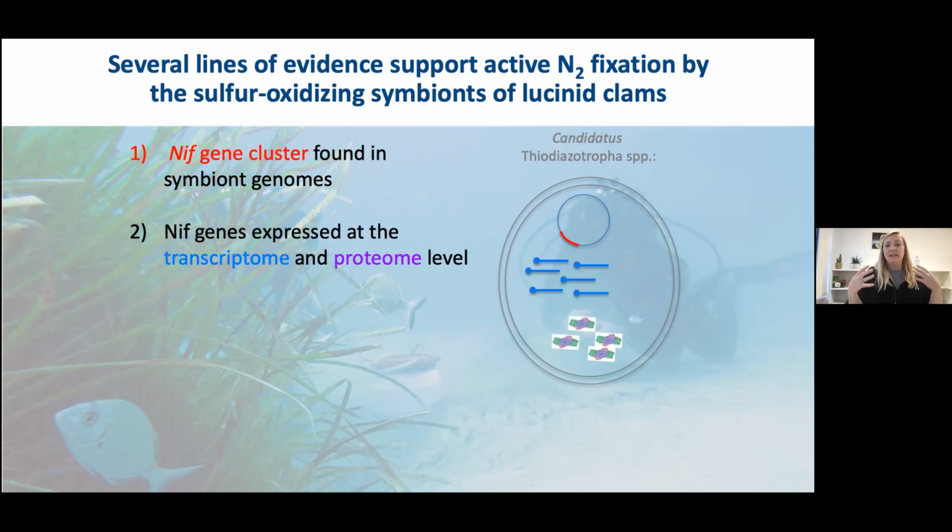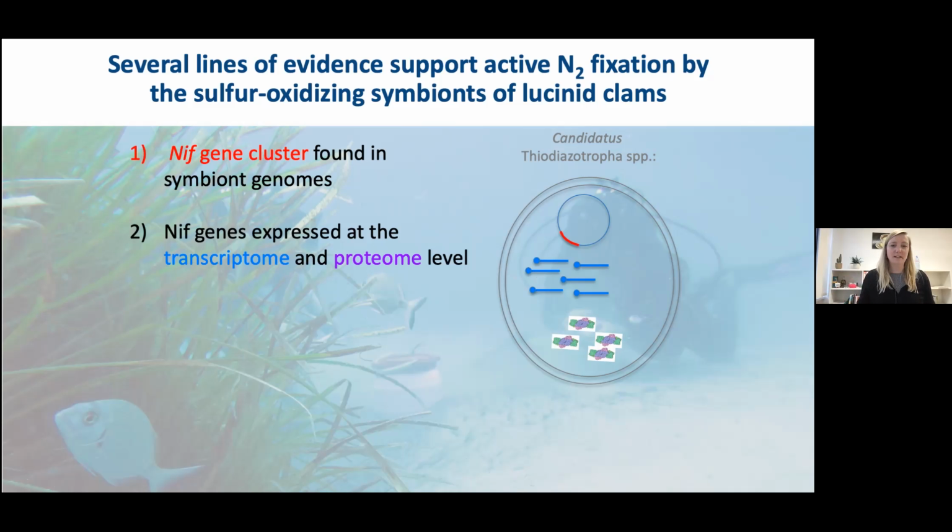It's not enough to only have the genes in your genome. They also have to be expressed to be functional. And we did transcriptomic, metatranscriptomic experiments, looking at all of the genes that were expressed by the symbionts inside the host, and also the proteomes to look at proteins that we could detect inside the host, and found these NIF genes expressed at a very high level by the symbionts in the host.